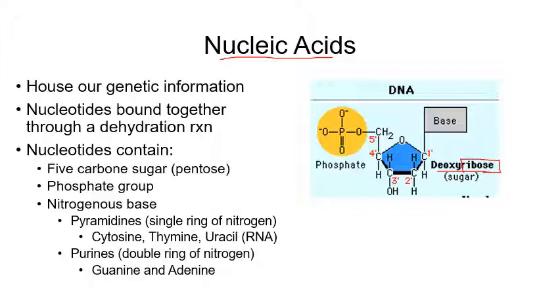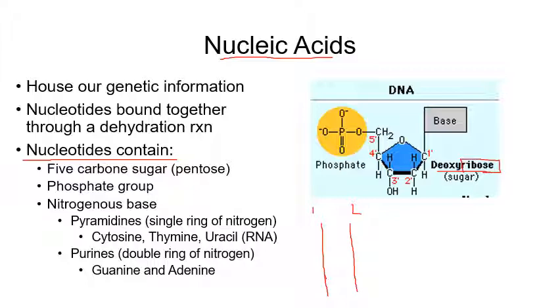But nucleotides, these are built into long chains. If you remember these strands, DNA is two-stranded, RNA is just one-stranded. We'll have these strands, this is 1 and this is 2, and they are put together.